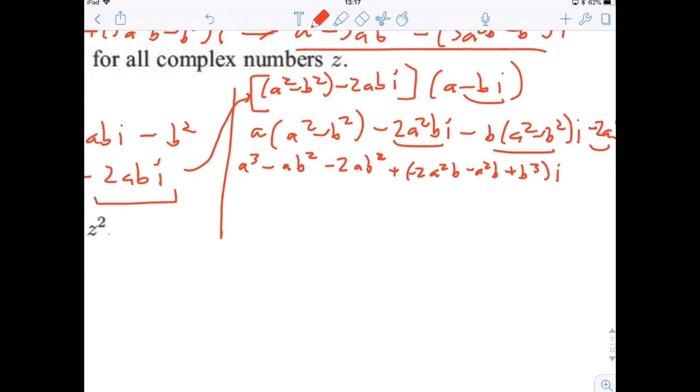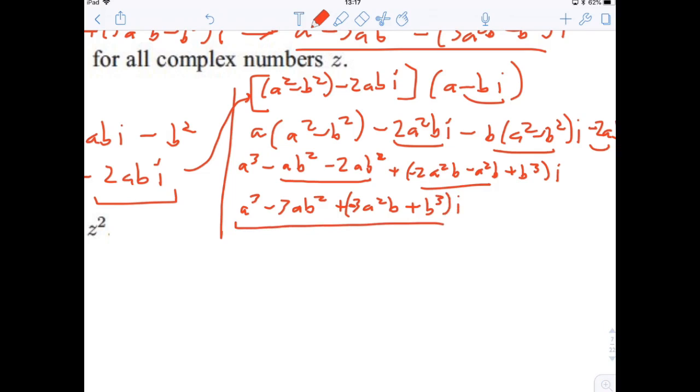Now let's simplify this a little bit. These two are like terms, and these two are like terms. So we'll have a cubed minus 3ab squared, minus 3a squared b plus b cubed i.